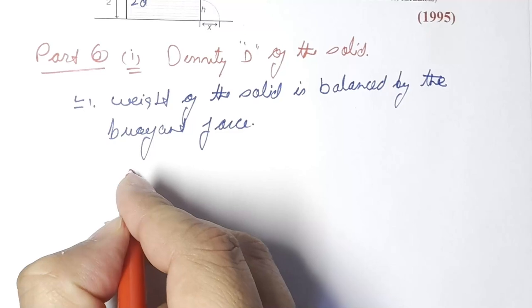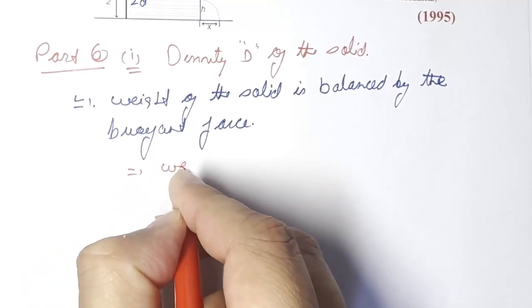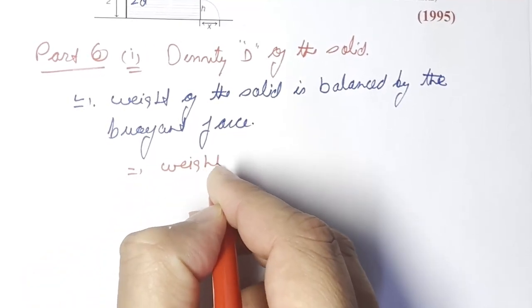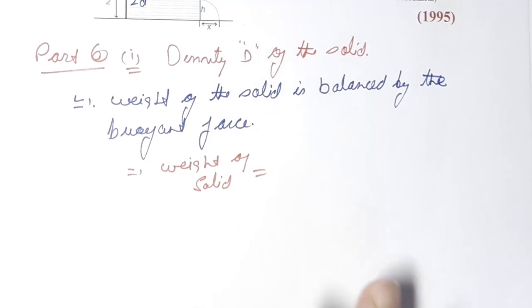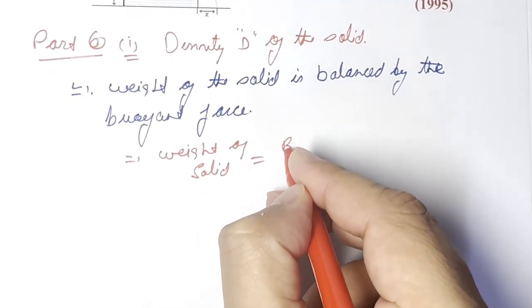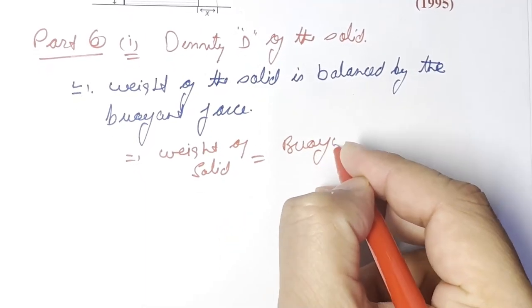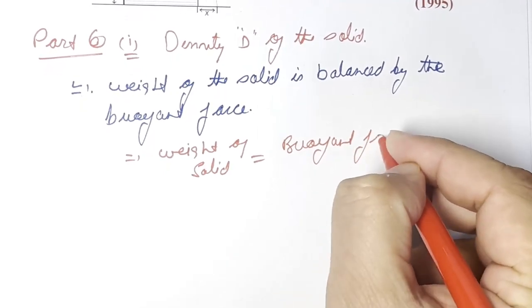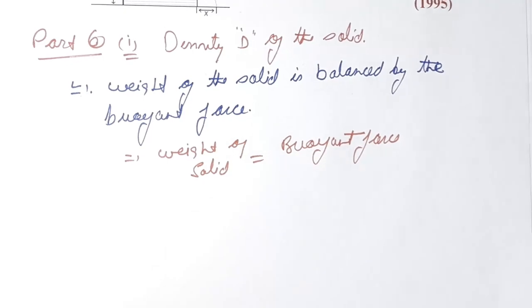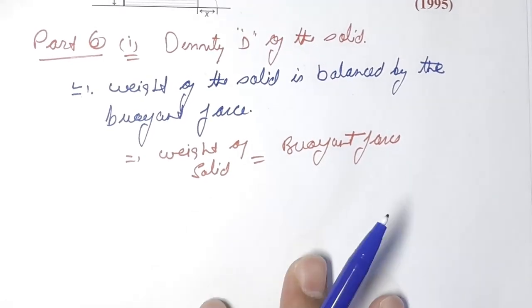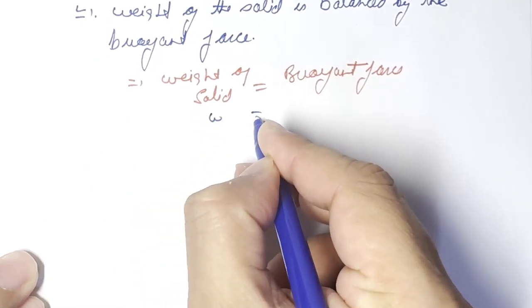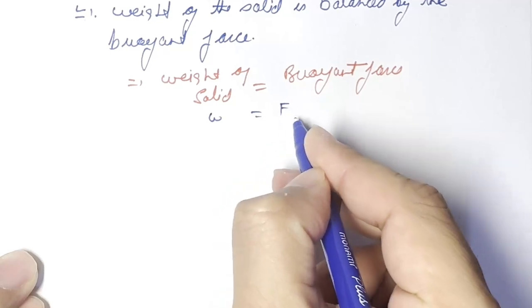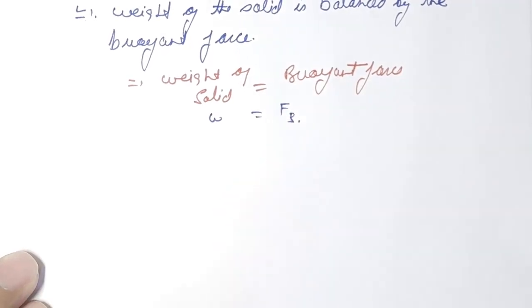So we can write this as that weight of the solid will be equal to buoyant force, and the weight of solid, let us call that as W. So W will equal to buoyant force, and let us call buoyant force as FB.